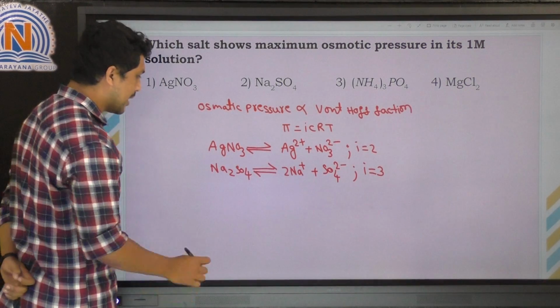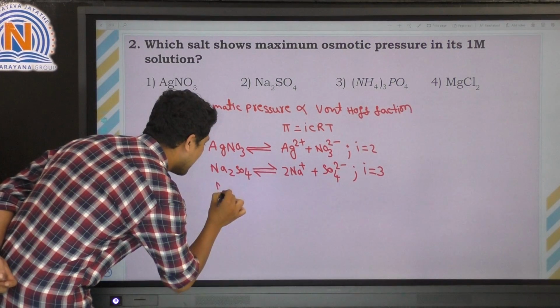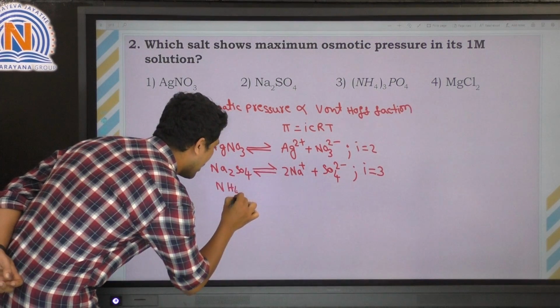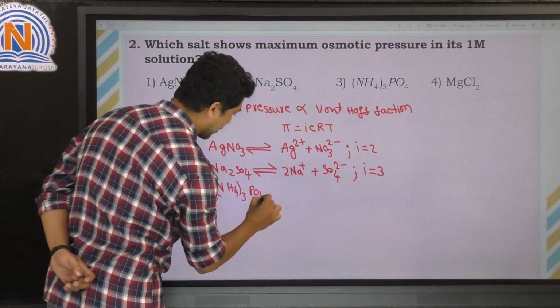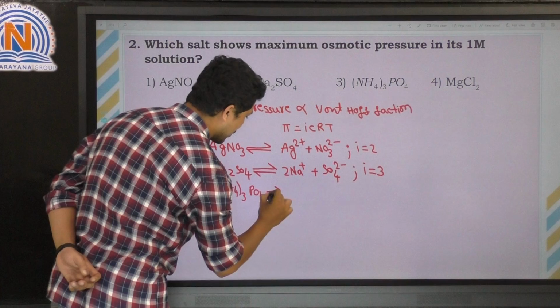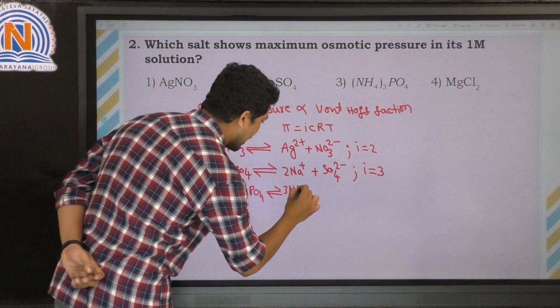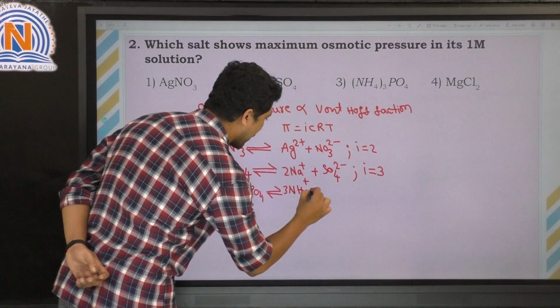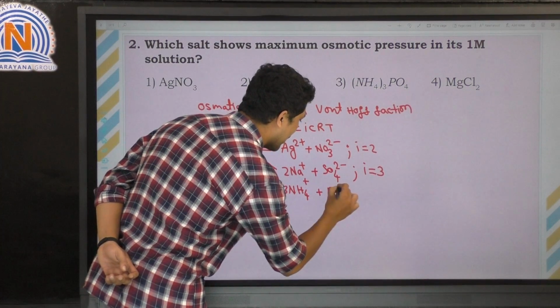Next thing, (NH4)3PO4. This can be dissociated into 3NH4 plus and PO4 3 minus.